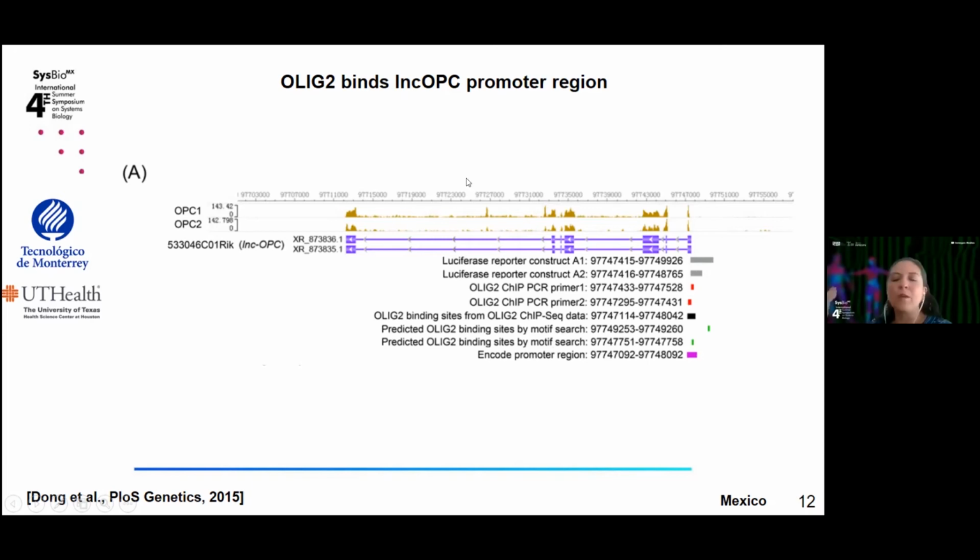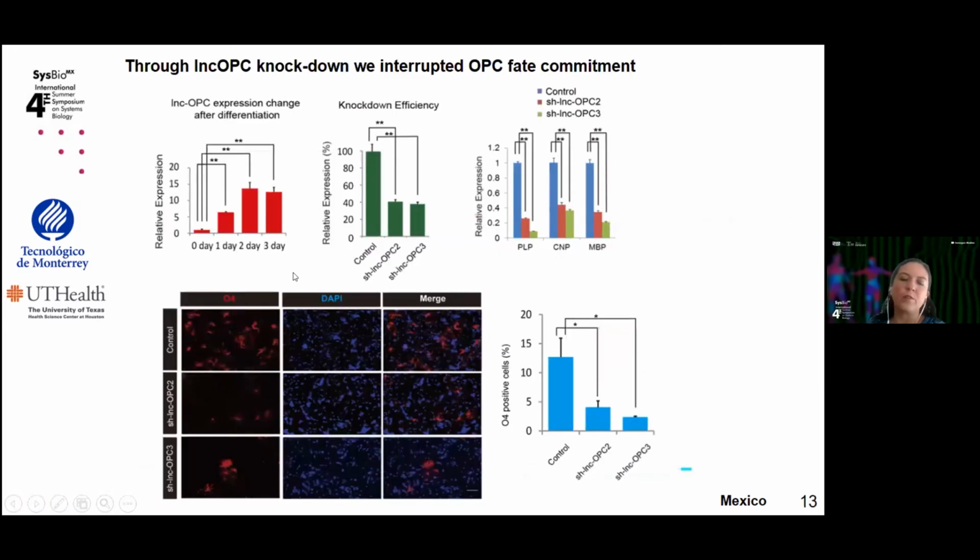Then we went to the functional assays, and by a luciferase reporter assay, we saw that if you knock down this lncRNA, there is no differentiation to oligodendrocytes, or it's highly decreased. I'm showing here the expression of lncOPC.